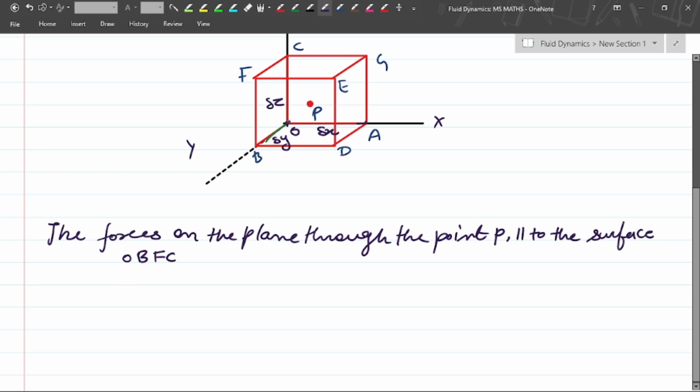You can see it, this is OBFC. So the force on the plane through the point P, it means we are talking about this force acting from point P.